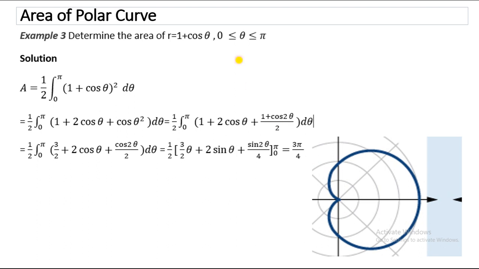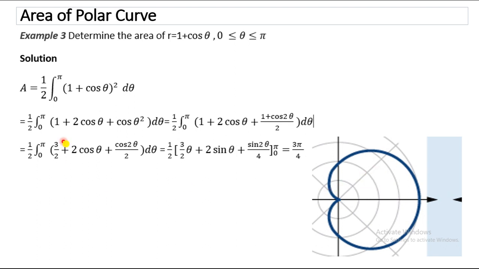I want to find the area from theta 0 until theta pi. Half this heart is the upper half, and this is the lower half. I want to find the upper half, from theta 0 to theta pi. This area.